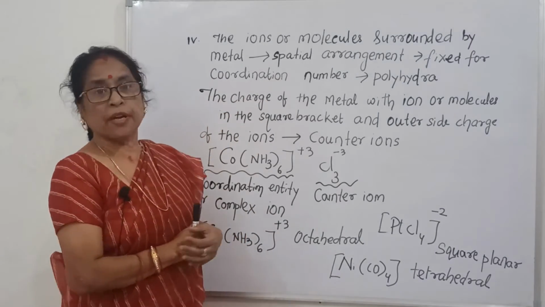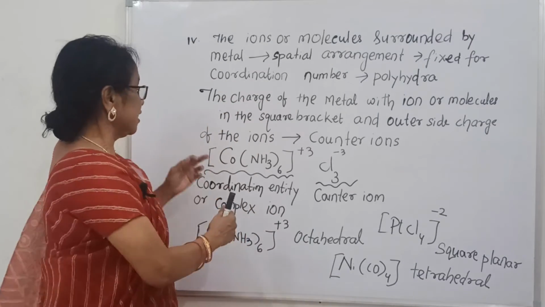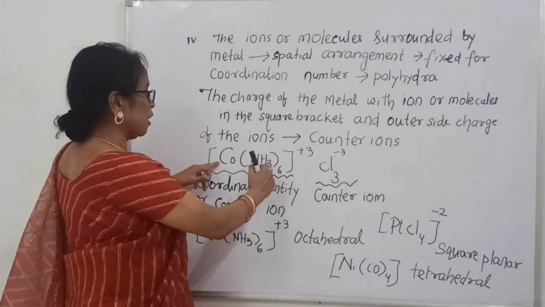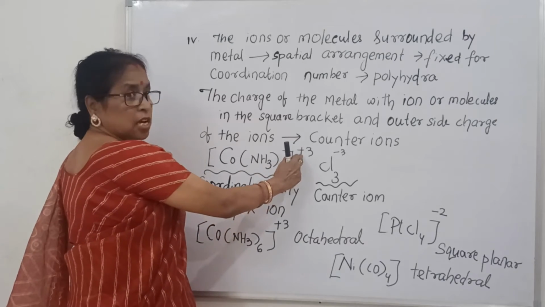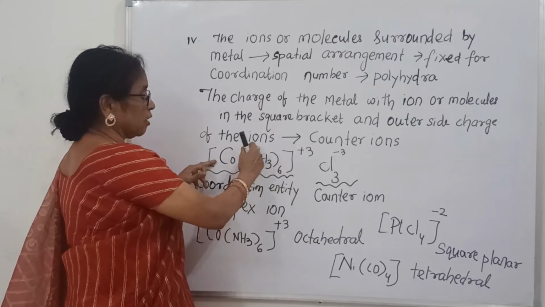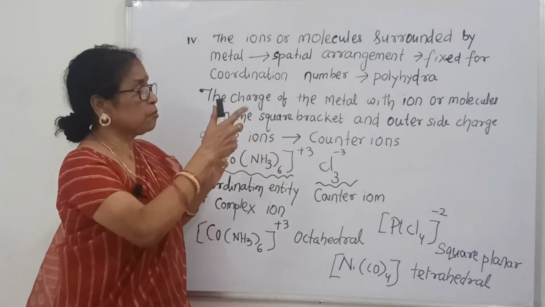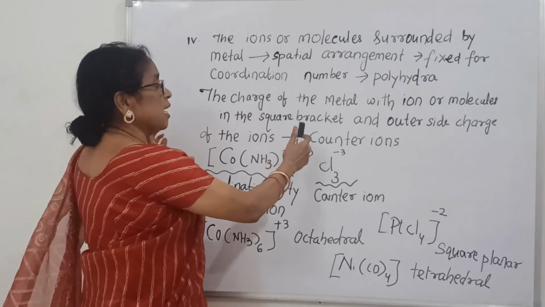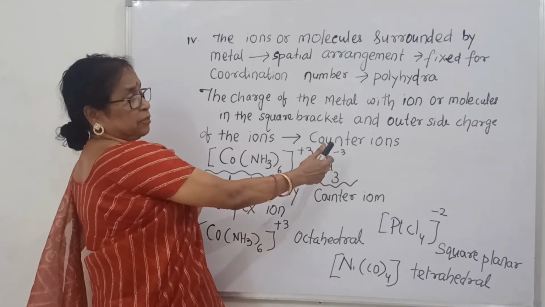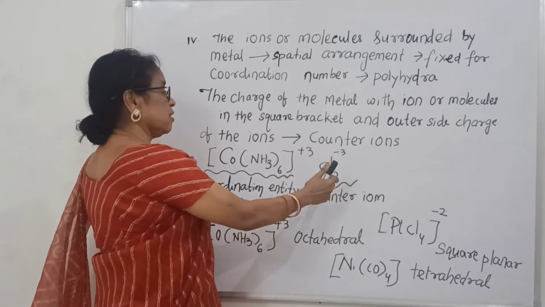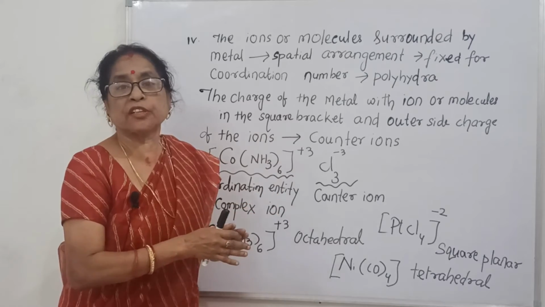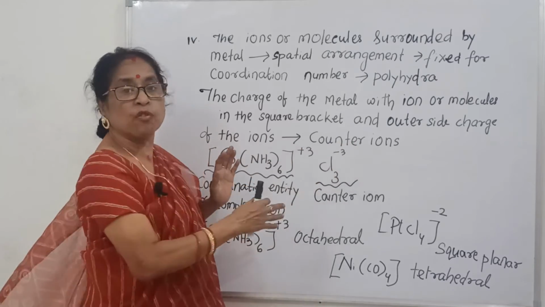Now the charge of the metals, that is more interesting. See here the charge of the metal with the surrounding anions or molecules. The charge of the complex ion and the outer side ion should cancel each other, and that outer ion is known as the counter ion.